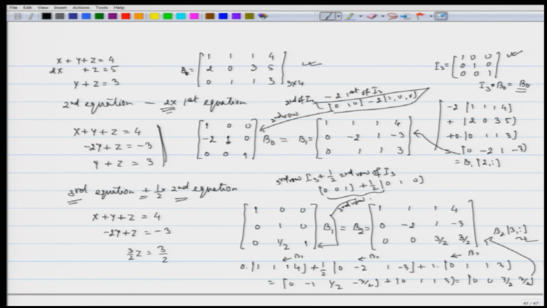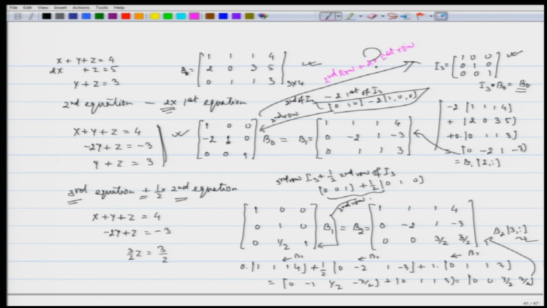Now, one thing extra that you need to know, that we will come to afterwards, is that if from identity I can get back this matrix 1 0 0, minus 2 1 0, 0 0 1, can I go back from here to identity? Can I go back? All right. The answer is yes, you can go back, and if I want to go back to this matrix, I would like to just look at second row plus 2 times first row, all right.